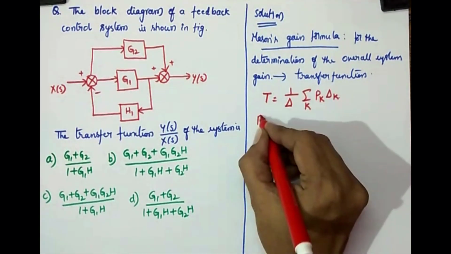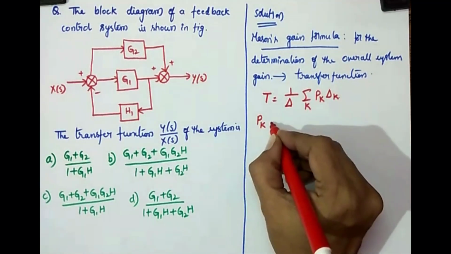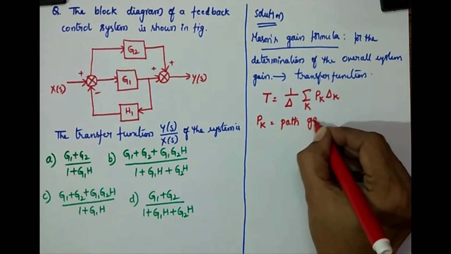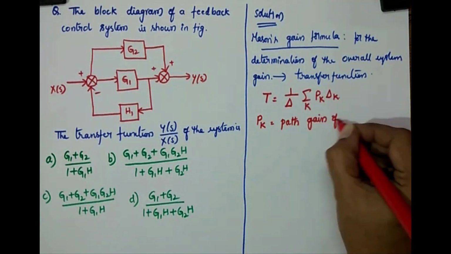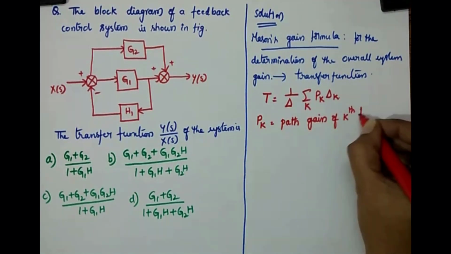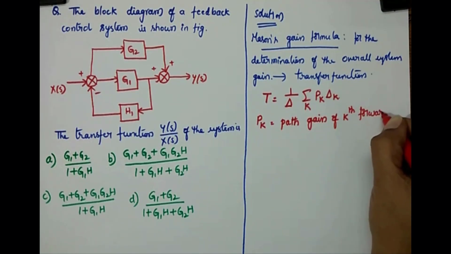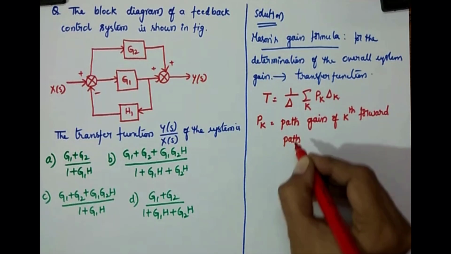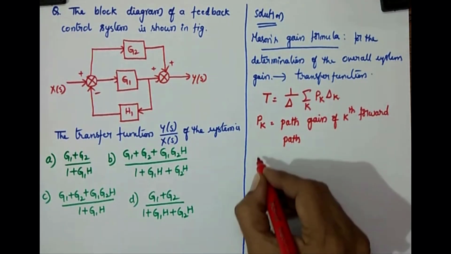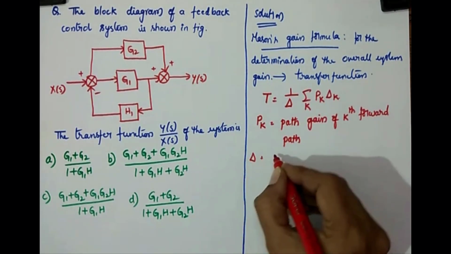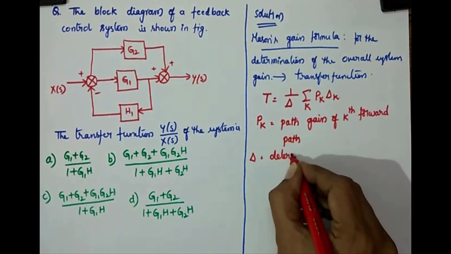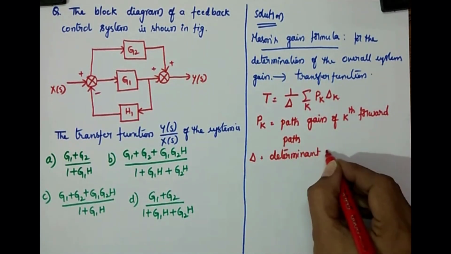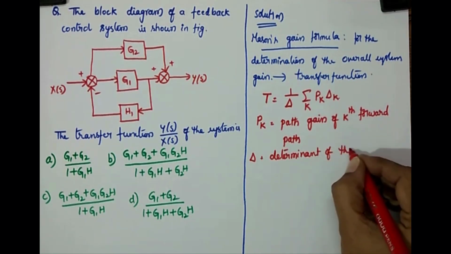What is Pk? Pk is the path gain of the kth forward path. And what is delta? Delta is the determinant of the graph.